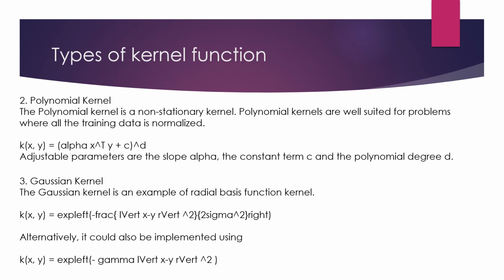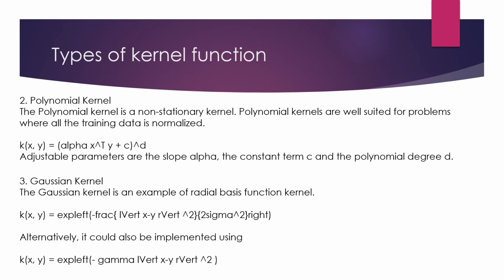The polynomial kernel is a non-stationary kernel. Polynomial kernels are well suited for problems where the training data is normalized. k(x, y) = (alpha x^T y + c)^d. The adjustable parameters are the slope alpha, the constant term c, and the polynomial degree d.